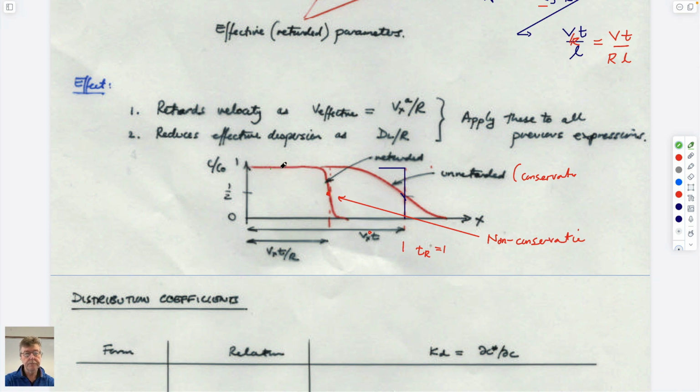Not very good. So if you forget the fact that it's moving slower, if you imagine it's a conservative solute, then it has this amount of mass ahead of the front and this amount of mass behind it. But this is actually traveling more slowly.